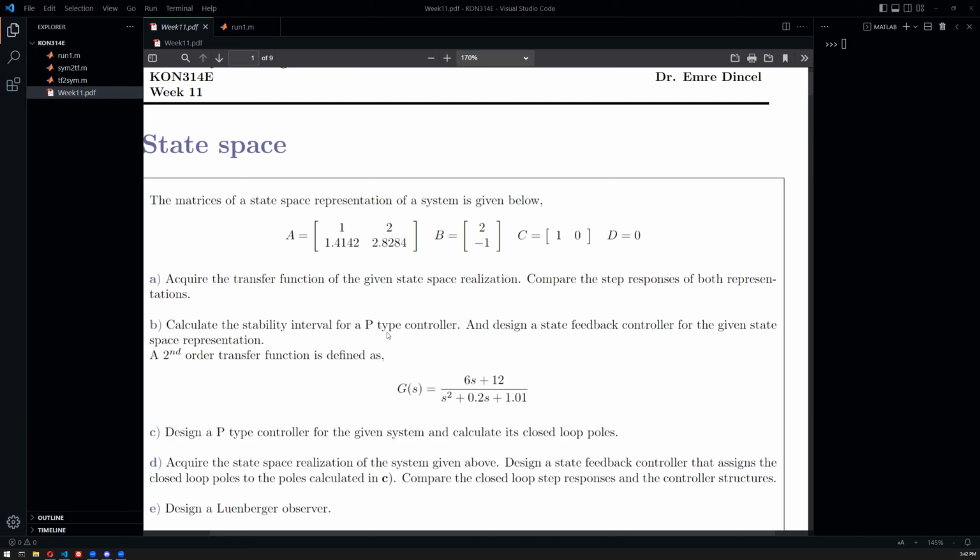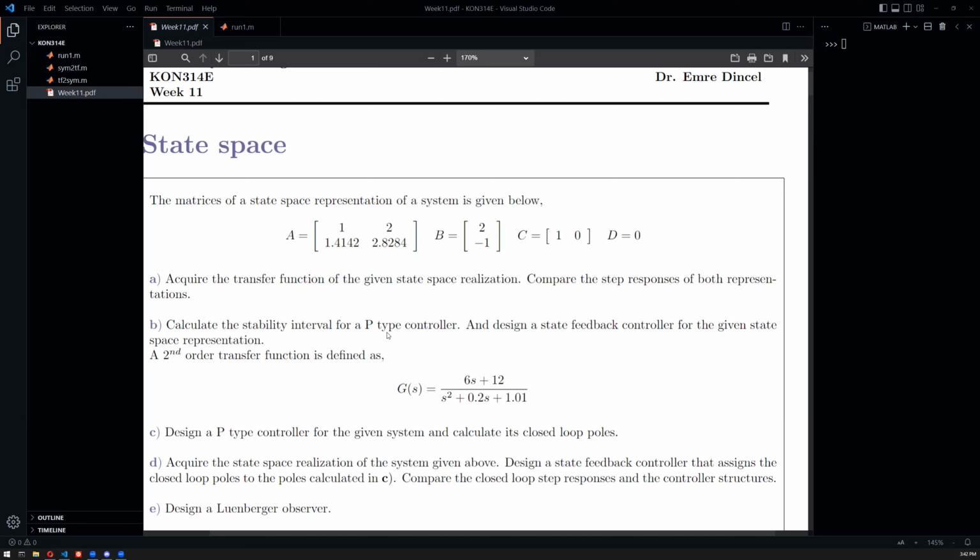So I highly suggest you focus on week 10 and week 11, frequency domain methods and state space, because even though they take just 1 week, they're quite important. In fact, they will probably be heavily addressed in the final exam, so be aware of that.